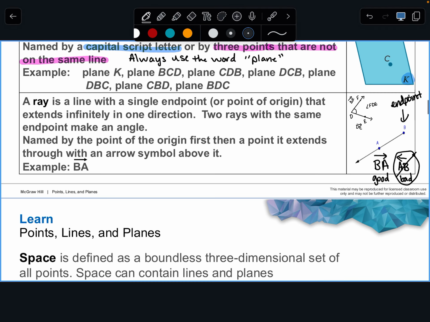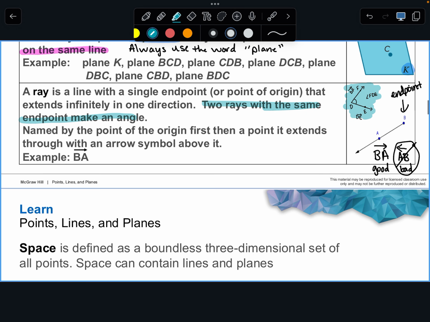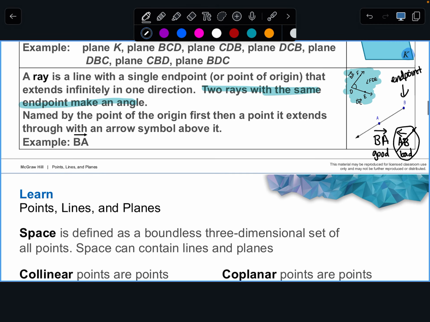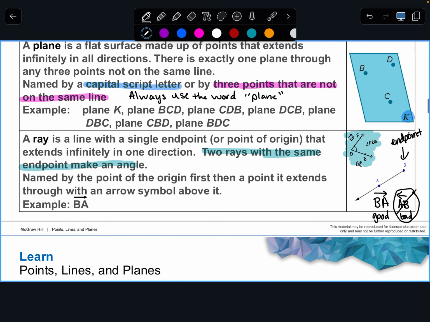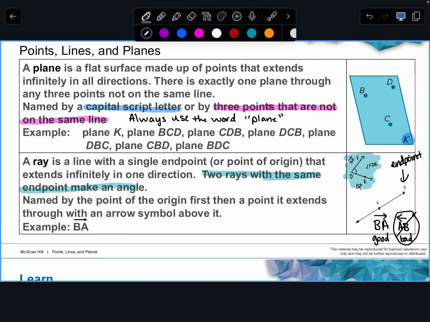So 2 rays with the same endpoint make an angle. That's what you need to know there. This part right here is this information. If you need to pause me at all or go back, write any of that down, go for it.